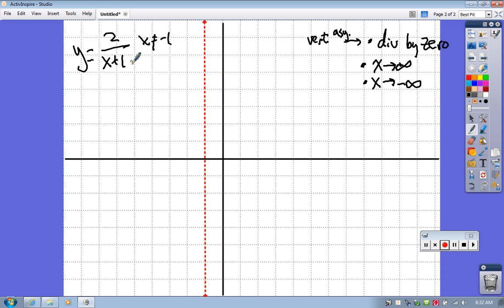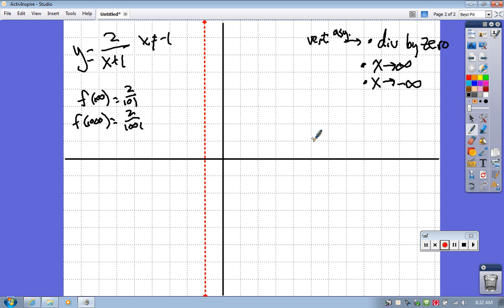As x gets big positively, this denominator is going to get really big. Like if I go f of 100, this would end up being 2 over, plug it in, 101. Or if I go f of 1,000, this would be 2 over 1,001.